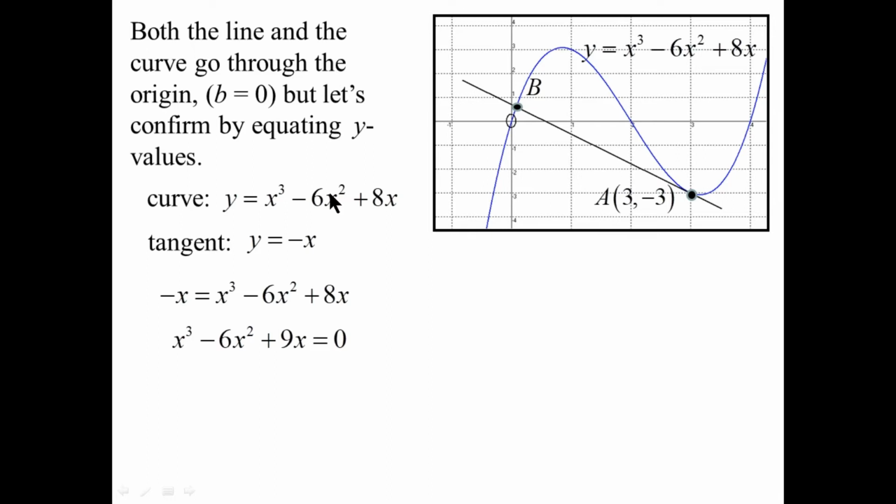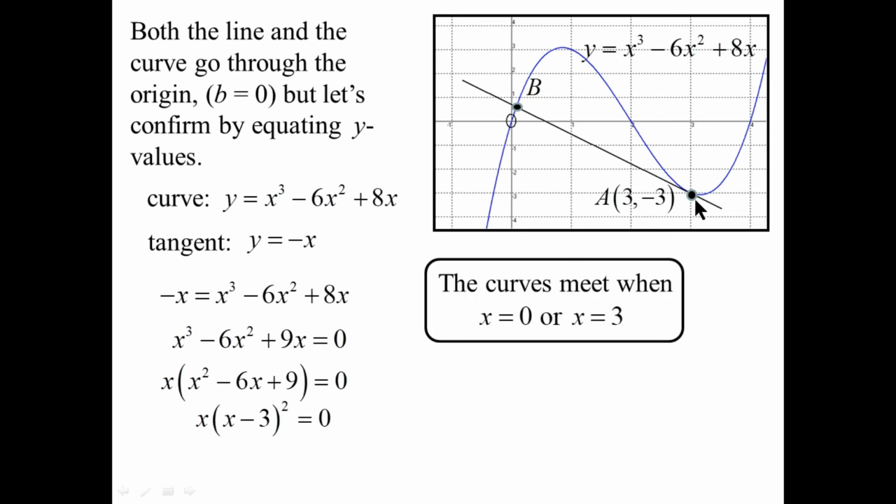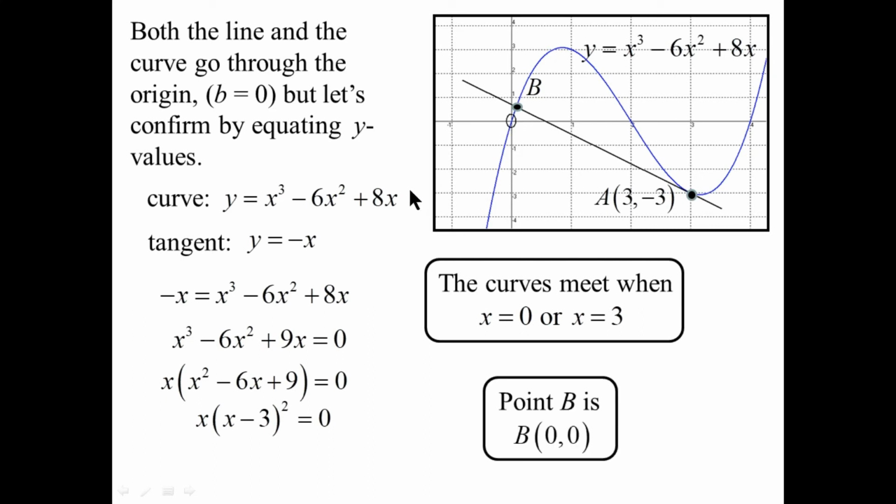Move the minus x across, add it, makes it 9x, factor out the x, factor a trinomial, and we can see from our result here that x must be 0 or 3. When this curve and this line meet, x must be 0 or 3. Well, we already knew that they met at 3, and now we know that they meet at 0. And so the point B is the origin.